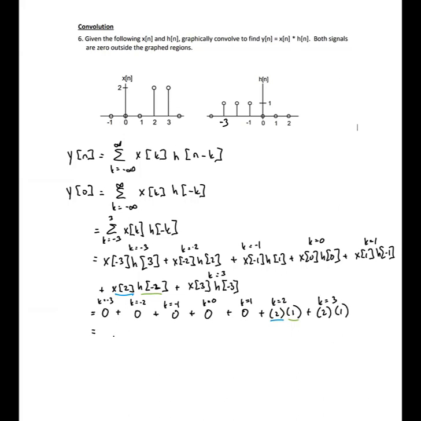So this whole thing collapses to just 2 plus 2, which is 4. And you could continue to do this work and find next what our value is for y of 1. And that would be the summation over x of k times now h of 1 minus k.